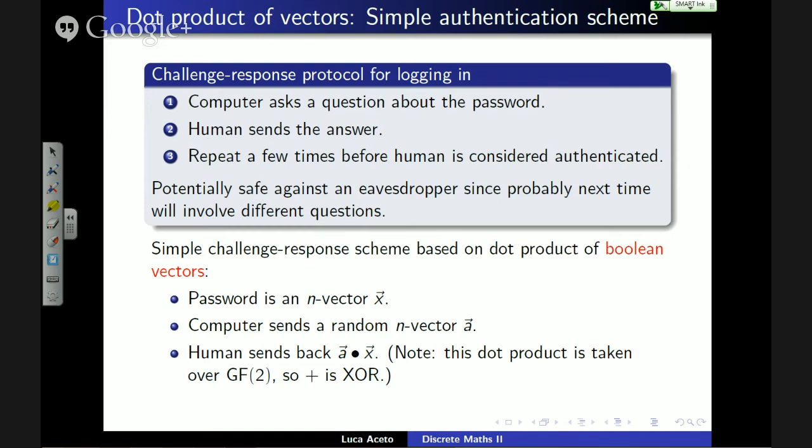Whereas OR is not like that. There is no bit such that 1 OR that bit is equal to 0. So 1 does not have an inverse with respect to OR. But with exclusive OR, it does. The inverse is 1, because 1 exclusive OR 1 is 0.